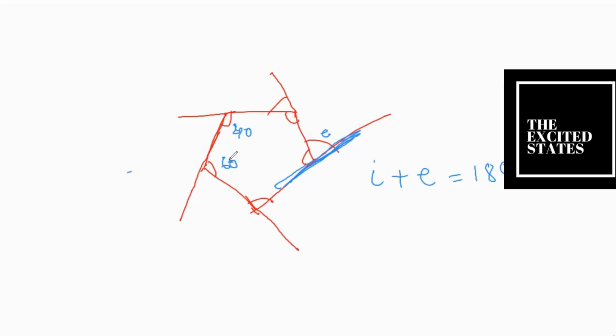Now the other three angles are in the ratio 1:3:7. Can you find out these angles? Are you able to find out with the ratios?